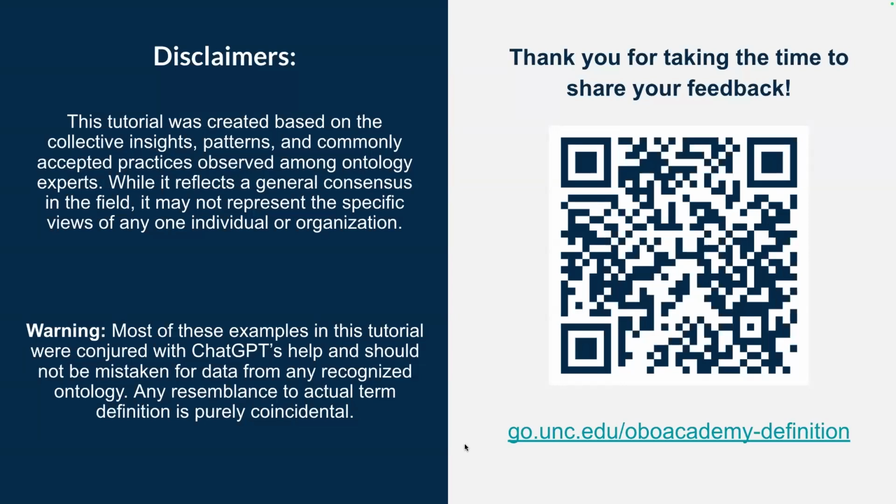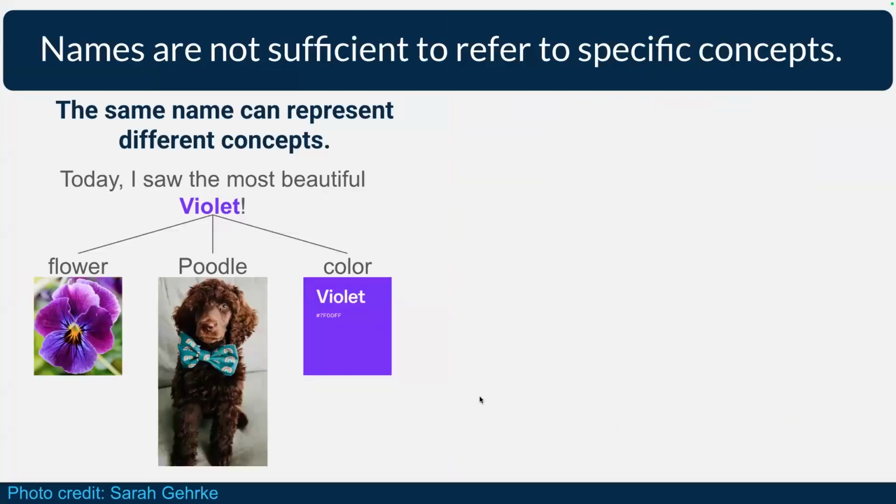So, definitions. Why are they important? Why do we even need them? Well, as we all know, a lot of words are used to mean different kinds of things. If I tell you, oh, today I saw the most beautiful violet, we don't know what I mean. It might be the flower, it might be the color, it might be a poodle called Violet.